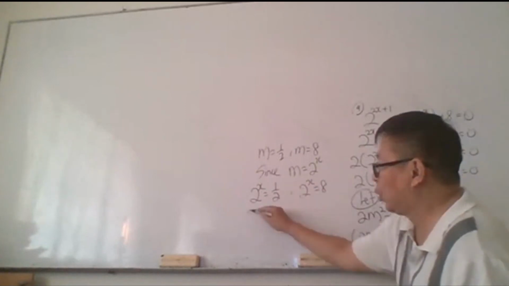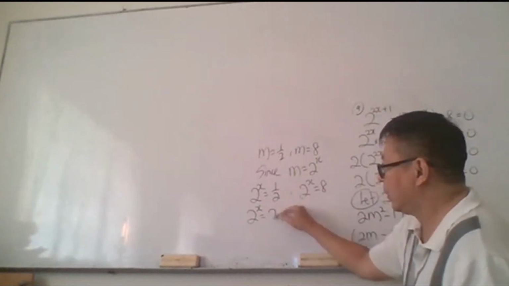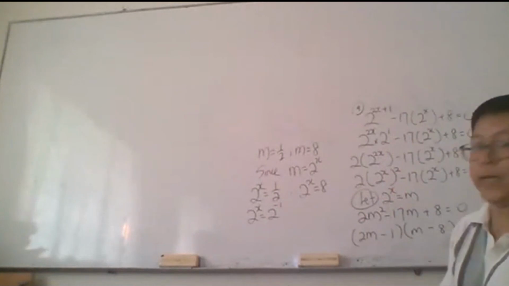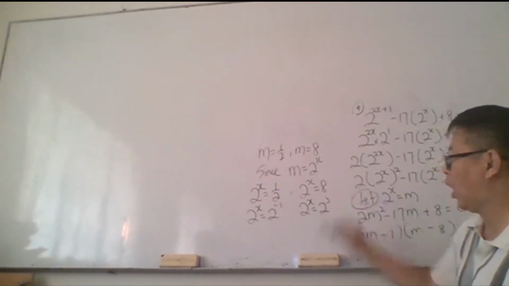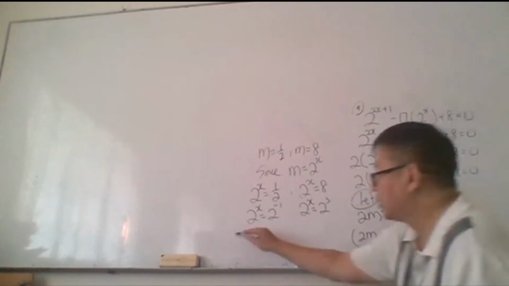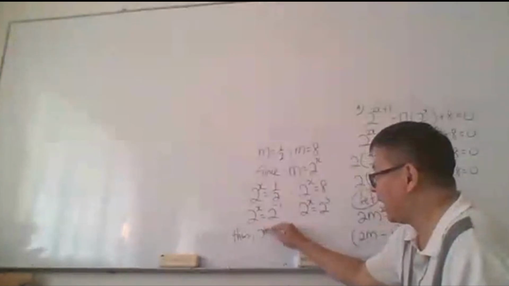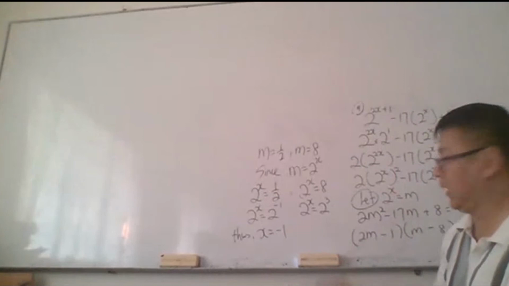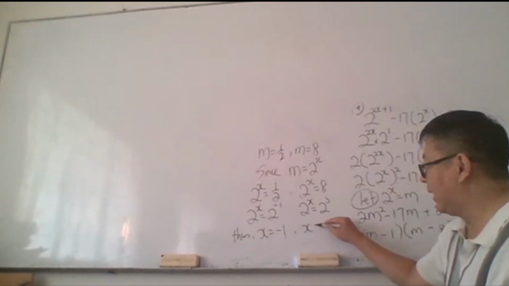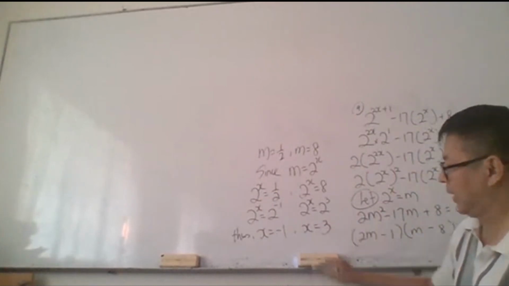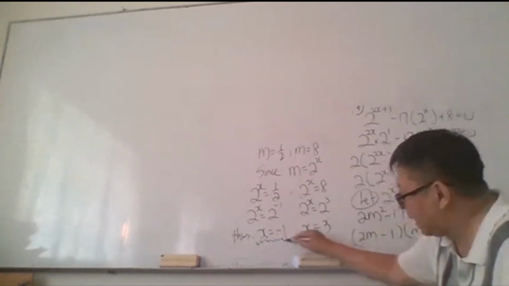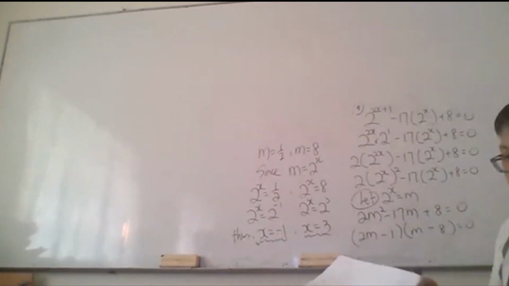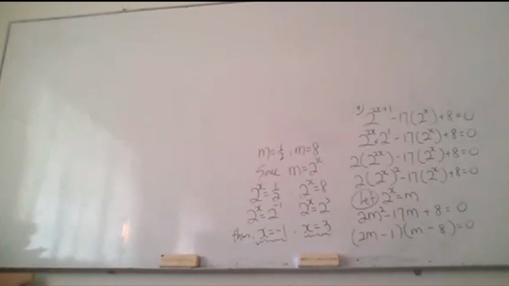For 1 over 2, I can write as 2 to the power of negative 1, and 8 as 2 to the power of 3. So lastly, my value for x is negative 1 and my value for x is 3. So we got two values for x: one is negative 1, one is 3.